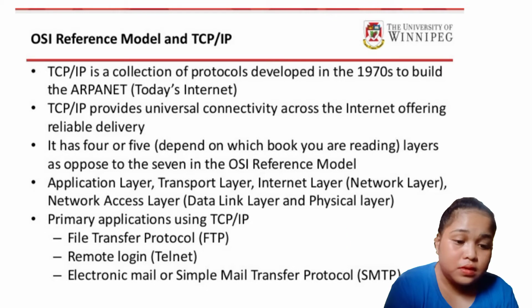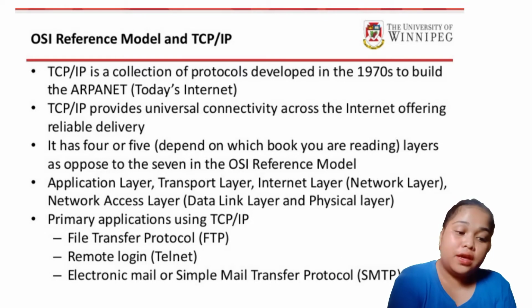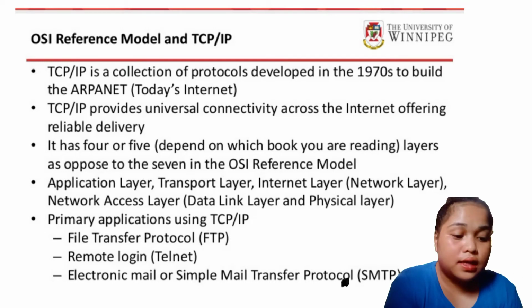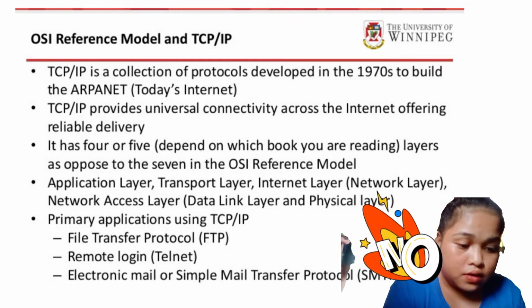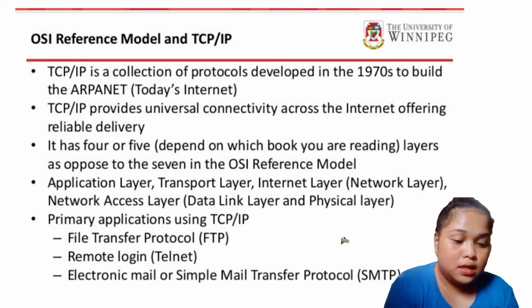It has 4 or 5 layers, depending on which book you are reading, as opposed to the 7 in the OSI reference model. They are the application layer, transport layer, and internet or network layer. Next is the network access layer, which is the data link layer and physical layer.